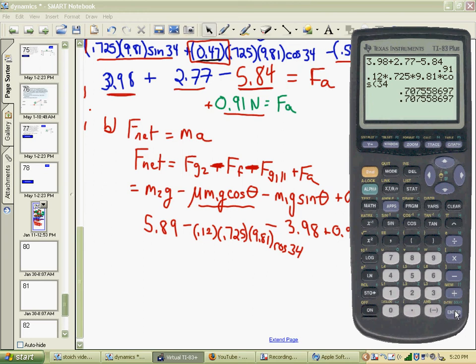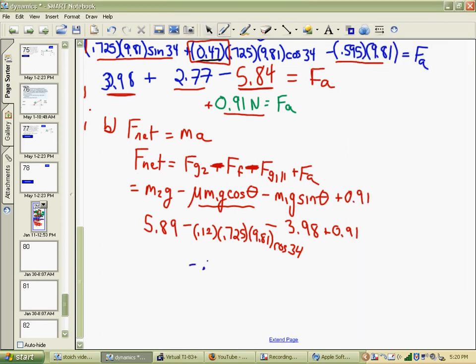So we'll call it 0.71, just to keep it real with everything else here. So we get 0.71, 5.89, 3.98, and 0.91. Let's toss these guys into our handy dandy calculator here.